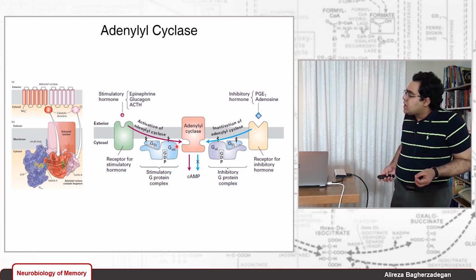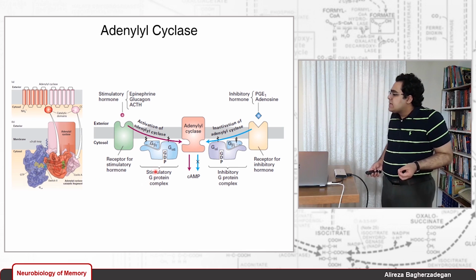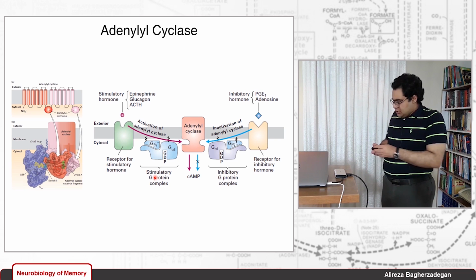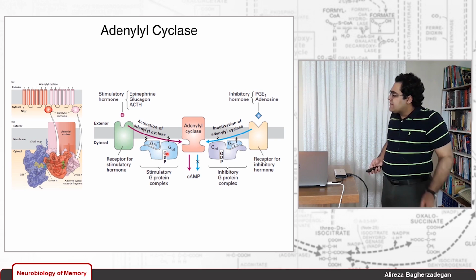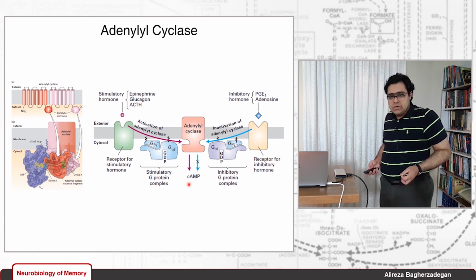And that G protein coupled receptor is going to activate a stimulatory G protein complex, okay? And when this stimulating G protein complex is activated, its alpha subunit is going to activate or stimulate the adenylyl cyclase to produce more cAMP, okay?